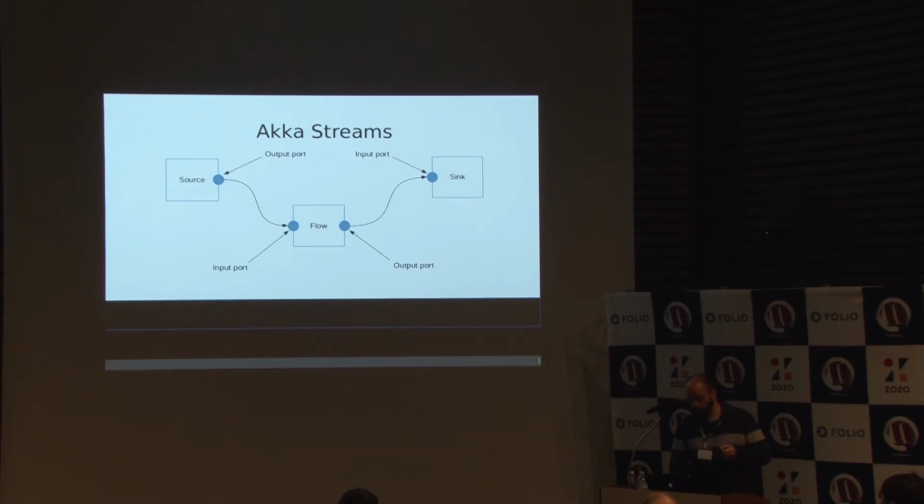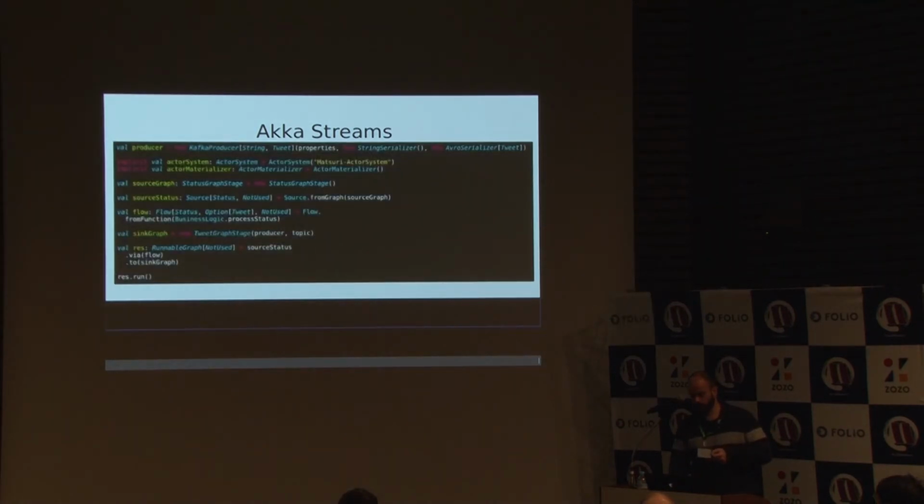So how would that look in Akka Streams? Well, you have to have an implicit actor system, implicit actor materializer. You have to handle several things, but basically you create a source of a status, which compared to our Spark case was the create stream.